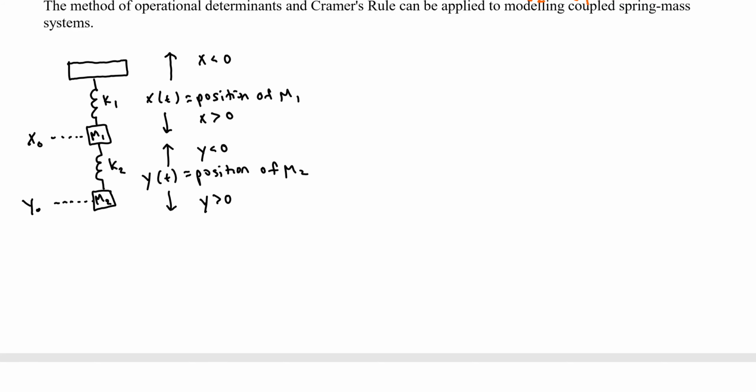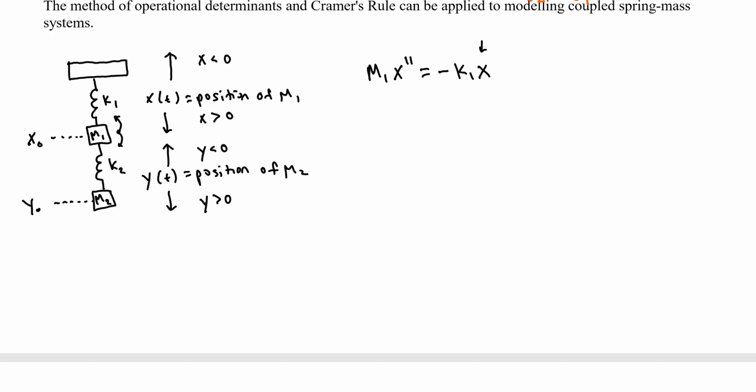So looking at the system that models this entire spring mass coupled system, we could say Newton's second law, mass times acceleration. So mass 1 times the acceleration x double prime is equal to the opposite direction for Hooke's law, negative k1x. Okay, but mass 1 is not only affected by spring 1, it's also affected by spring 2.